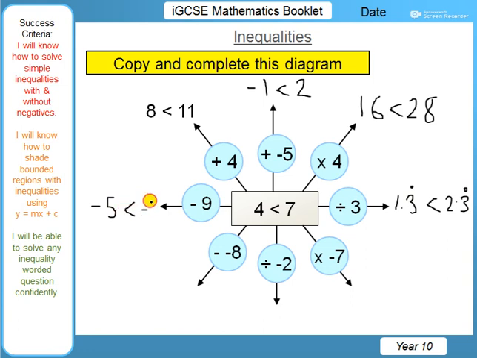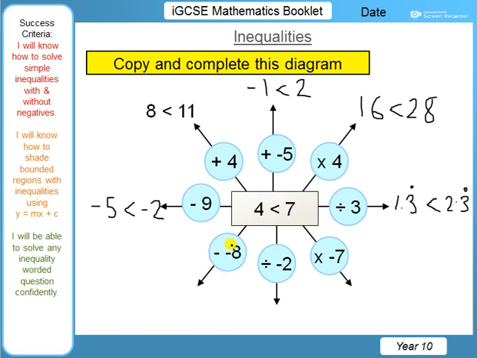be less than -2. If you get a bit confused on why -5 is less than -2, even though it seems like a bigger number, always think of it in terms of temperature. So think about which one is colder. And if you're out in -5 degrees, it's definitely going to be colder than -2 degrees.